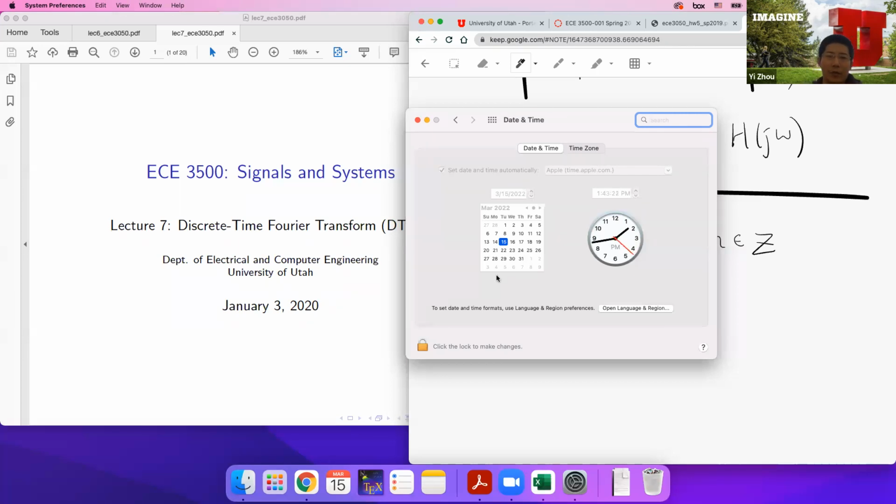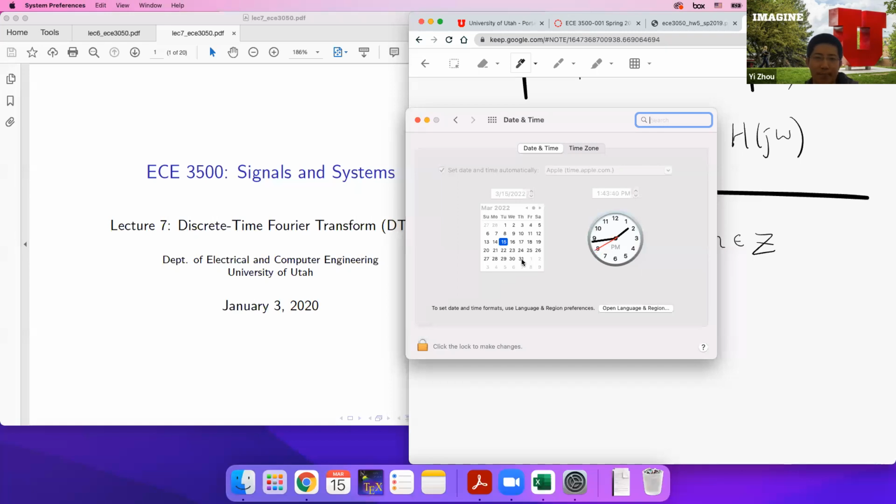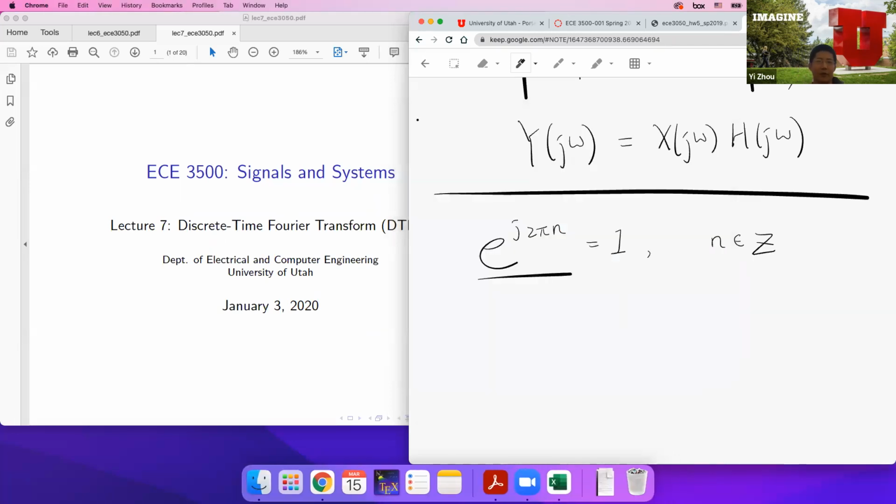Maybe April 5th is a better choice, so you can have more time to review the materials. Agreed. And on the 31st, we can leave it for office hours if you like, and then on the 5th we have midterm 2. I think we'll have enough time for lectures 9 and 10. Okay, sounds like a feasible plan.